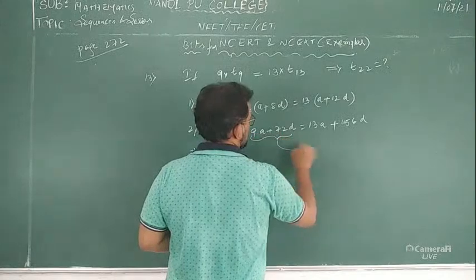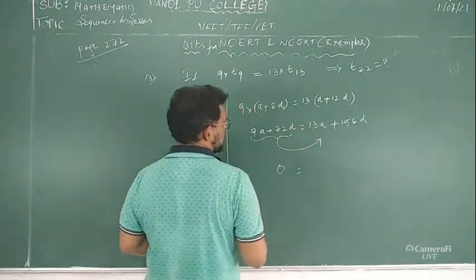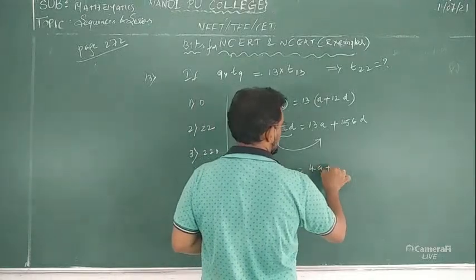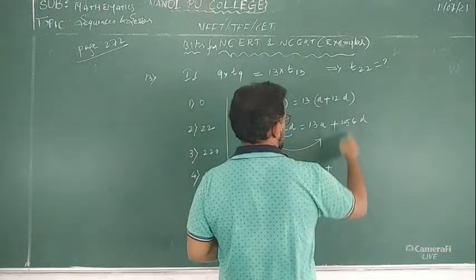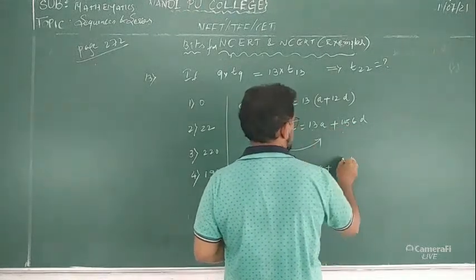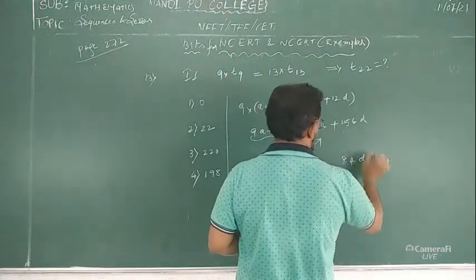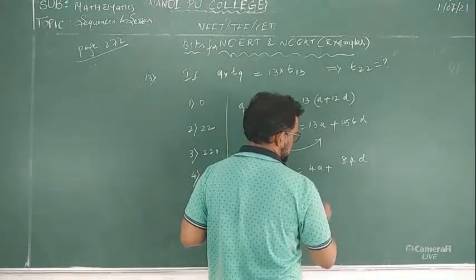Now take these two terms this side. Then we have 13 minus 9, 4A, equal to 156 minus 72, that is 84D.